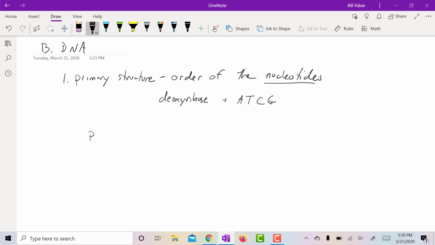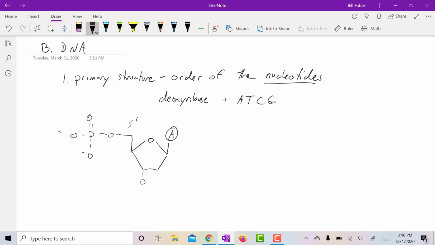We have this 5' end, and the 5' end typically has a phosphate on it, like this. So this would be what we call the 5' end of a piece of DNA. This is a single nucleotide. Doesn't matter what base I put, I'll just put A here.